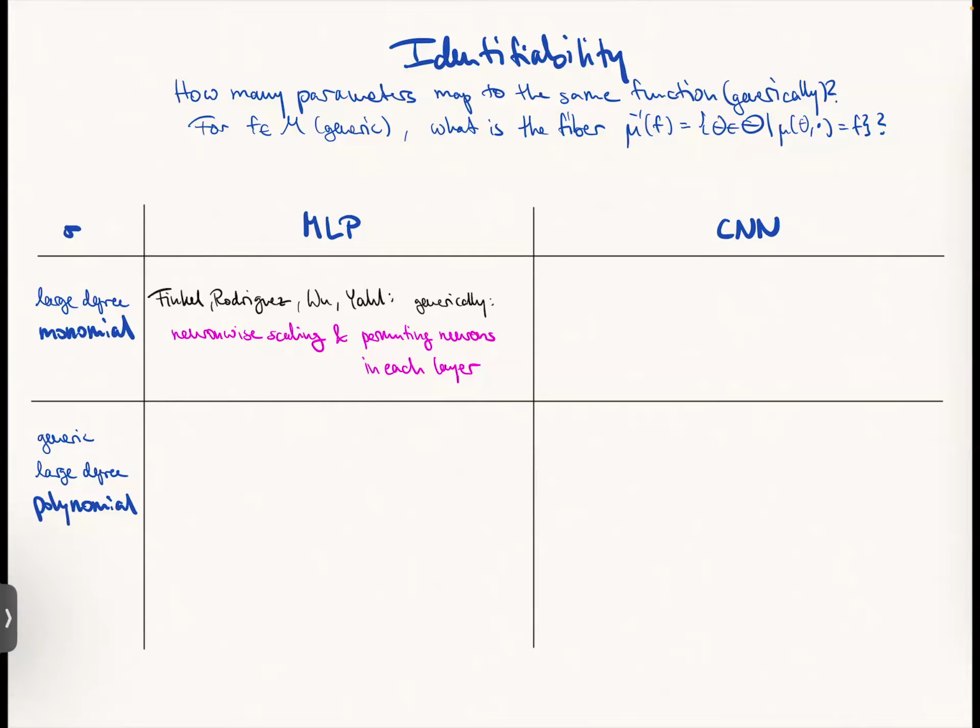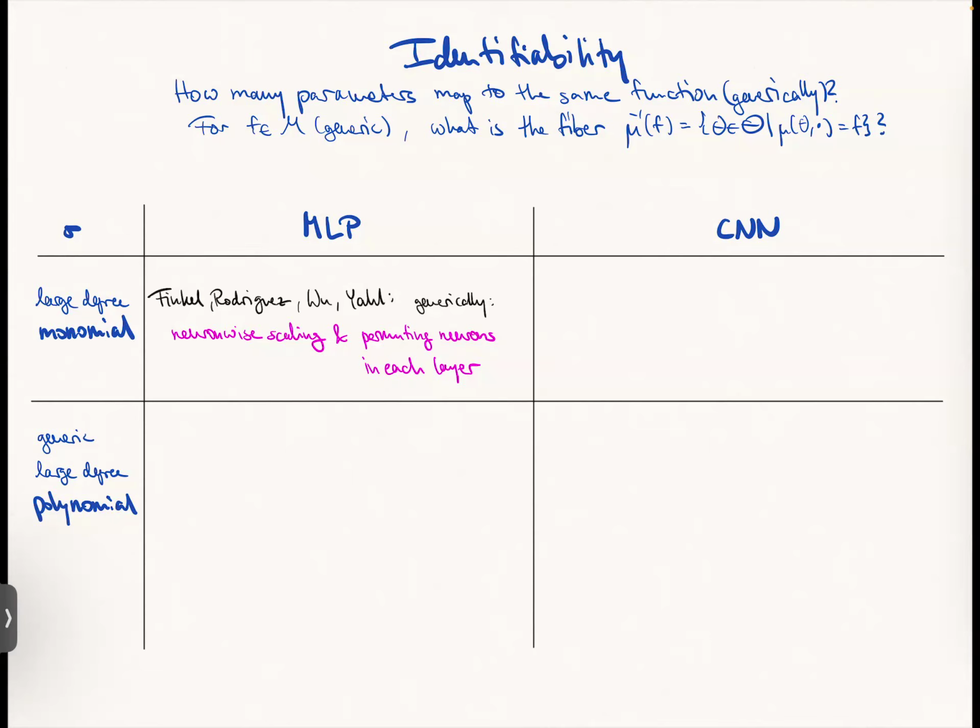In algebraic geometry language, or more machine learning language: if you pick a generic function in a neuromanifold, which parameters give that function? And if you cannot tell me precisely which ones, can you at least measure how many there are in some sense, by either counting them, or if it's infinitely many, then tell me what is the dimension of them, right? This is, I think, what Jose talked about.